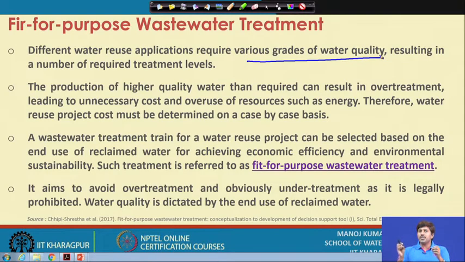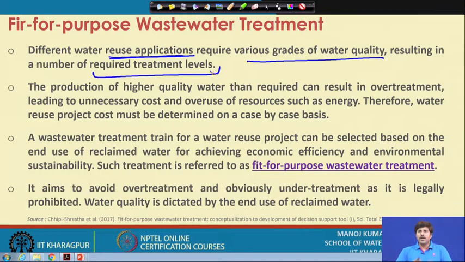We may need RO treated water, or RO level treatment, for potable water supplies, but we definitely do not need it for irrigation. So the required treatment level differs based on the reuse application. Our reuse application will eventually guide the required degree of treatment.